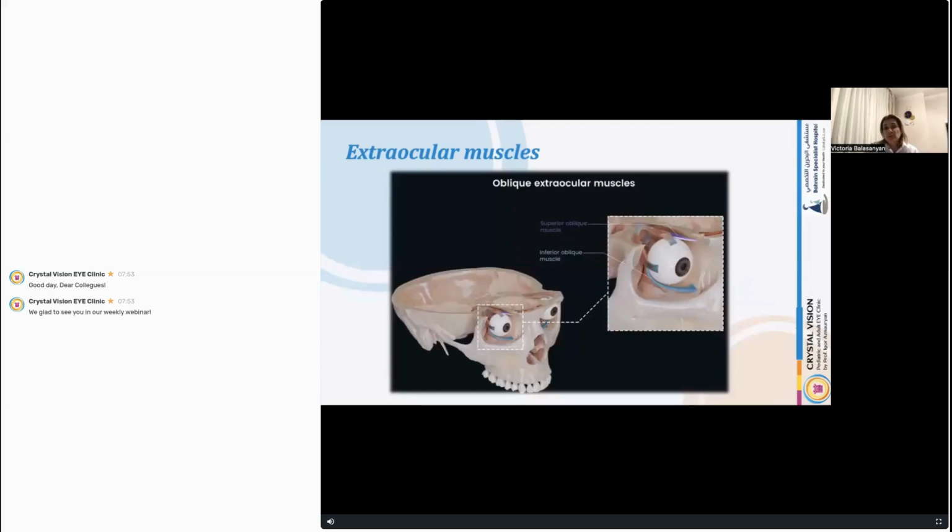Let me remind you about the action of the superior oblique muscle. Only the tendon from its pulley to the attachment at the back of the eye behind the equator plays a role. In this case, the muscle mainly acts as a rotator, moving the upper limbus inward. Additionally, the eyeball is slightly lowered and deviates outward. The inferior oblique muscle is also attached to the sclera behind the equator.